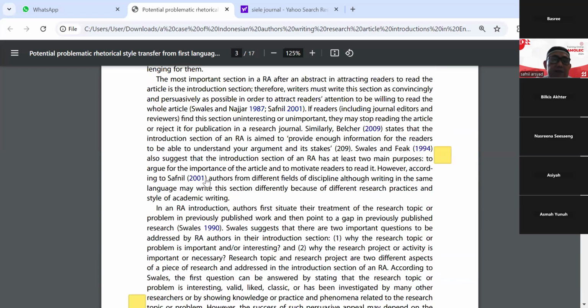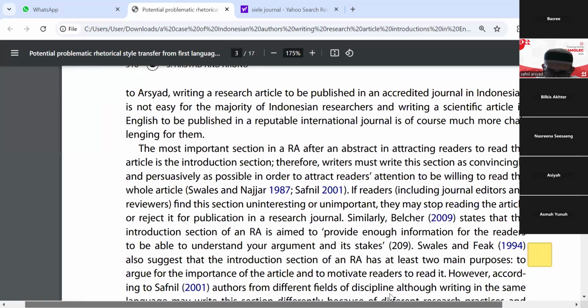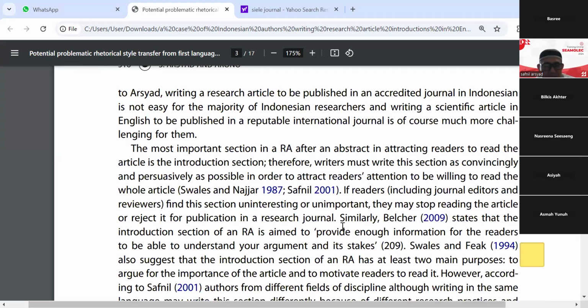The problem comes when we write an article using our local way of writing, but we submit the article to international journals. So it doesn't work.